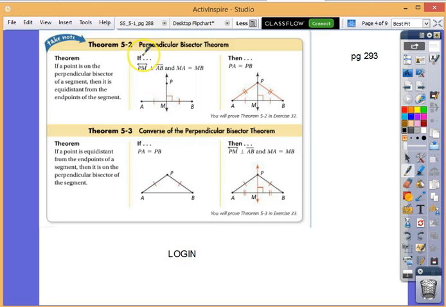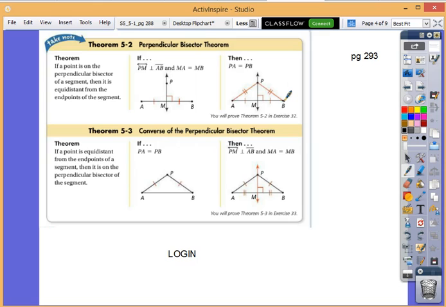All right, so we're going to talk today about the perpendicular bisector theorem. The perpendicular bisector theorem states that if you already have a perpendicular bisector of a line, then if you put a point anywhere on that line, the two segments that occur from that will be congruent, because they're going to be equidistant from the endpoints.